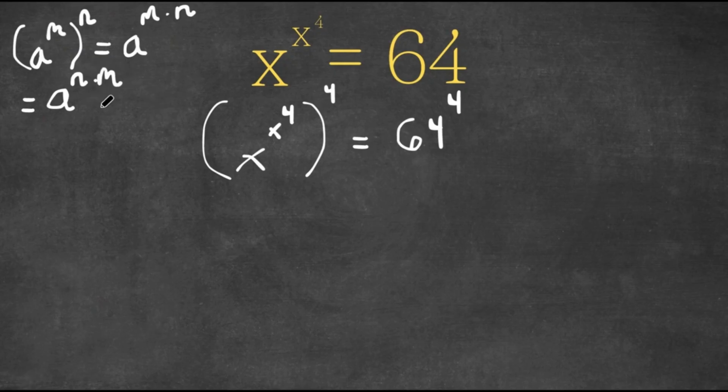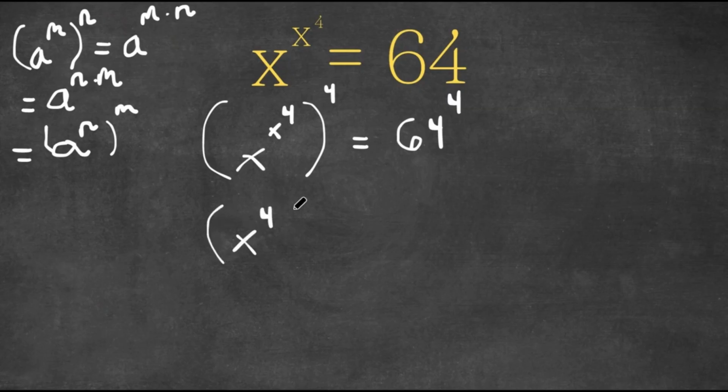Meaning I could rewrite this as a to the power of n to the power of m. So right here, as you see, we have x to the power of x to the power of 4 to the power of 4. Think of x to the power of 4 as m and 4 as n. I could actually switch the places of these two, meaning I could rewrite this as x to the power of 4 to the power of x to the power of 4.